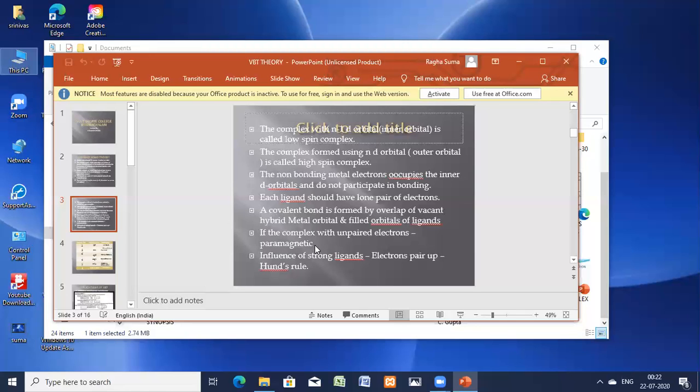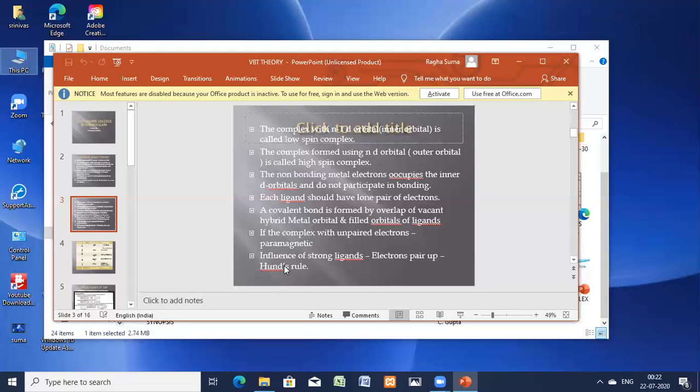It is diamagnetic under the influence of strong ligands. Strong ligand means pairing of the electrons will take place against Hund's rule. What is Hund's rule? First the orbitals get singly filled, then they get doubled. Unless they get singly filled, they don't get doubled.